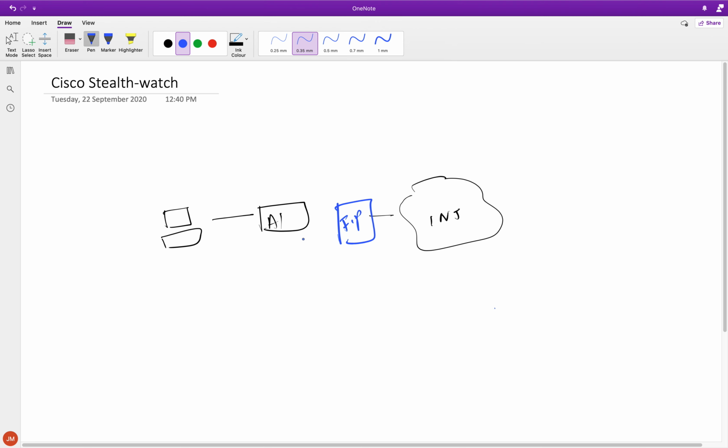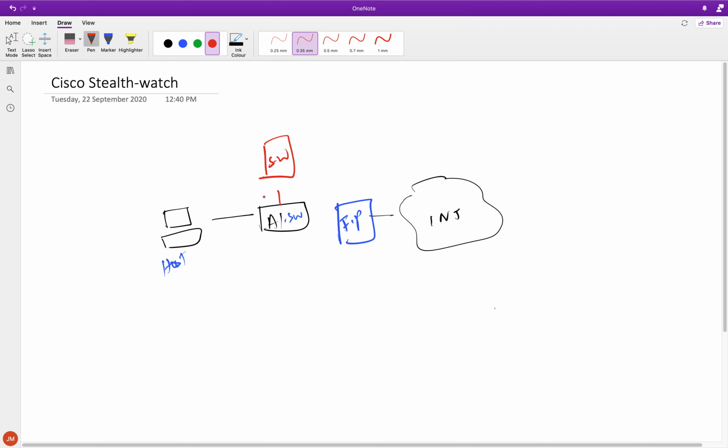So you have an access layer switch here, and you have, say, the Firepower over here, and this is your host or the client connected in your network. I would do something like this. Like I said, you can't just use Firepower, and you can't just use Stealthwatch; you need to use them in tandem. So I would go and configure my Stealthwatch over here.